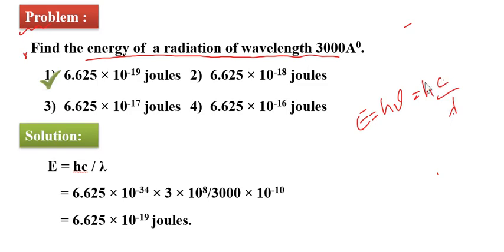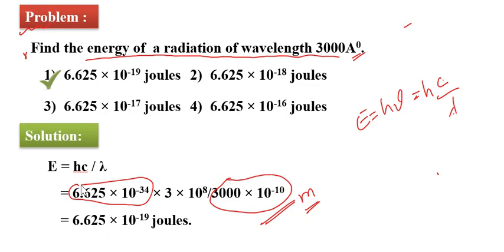One thing you have to take care of: whenever wavelength is given in angstrom, you have to convert it into meters. For that, just multiply angstrom by 10 power minus 10, and it becomes meters. Then the h value is constant, 6.6 into 10 power minus 34. The c value is also constant, 3 into 10 power 8 meters per second. Then you will get this value.